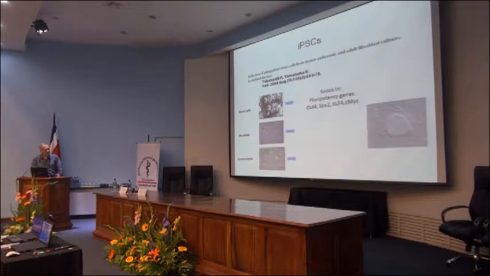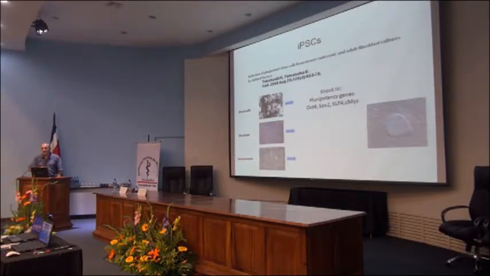All these genes are involved in early differentiation of embryonic cells. When they put these genes in an adult cell, the adult cell acquired the properties of an embryonic cell.